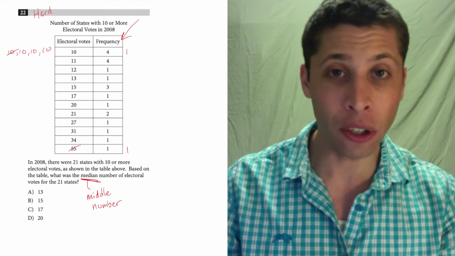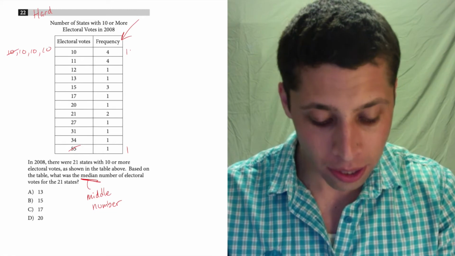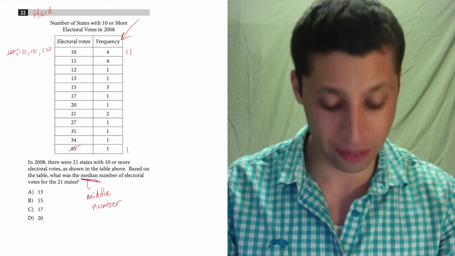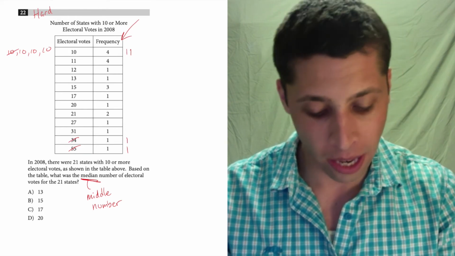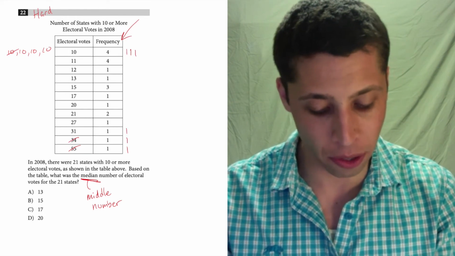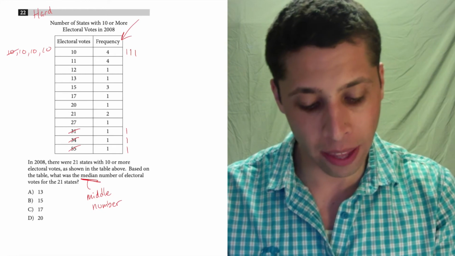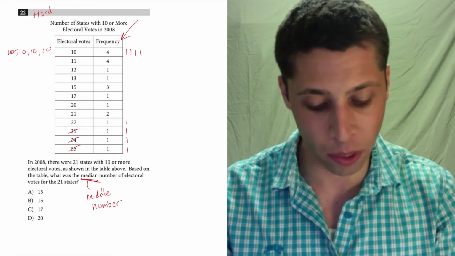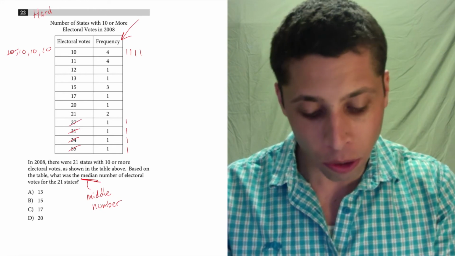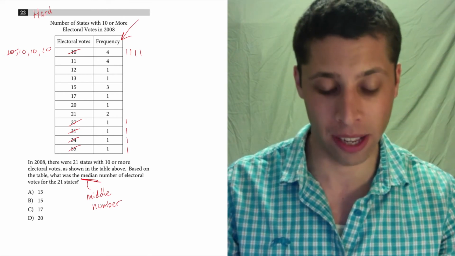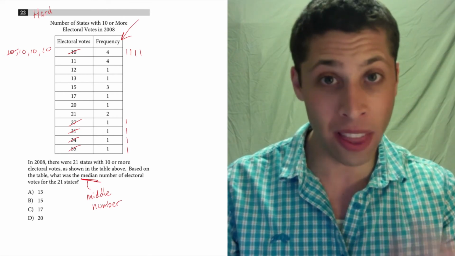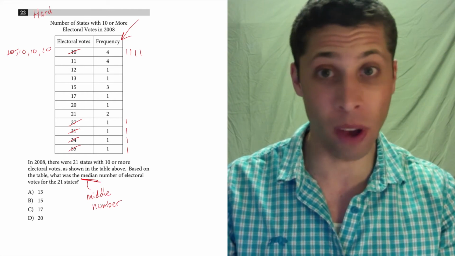So I need to cross off another 10 before I move on to the 11s. So that 10 crosses off my 34. Then I have another 10 that crosses off my 31 on the bottom. And then my last 10 crosses off my 27. So in order to cross off the 10, I need 4 tally marks to keep track of those 4 10s. And that is how you find a median when you have a frequency chart.